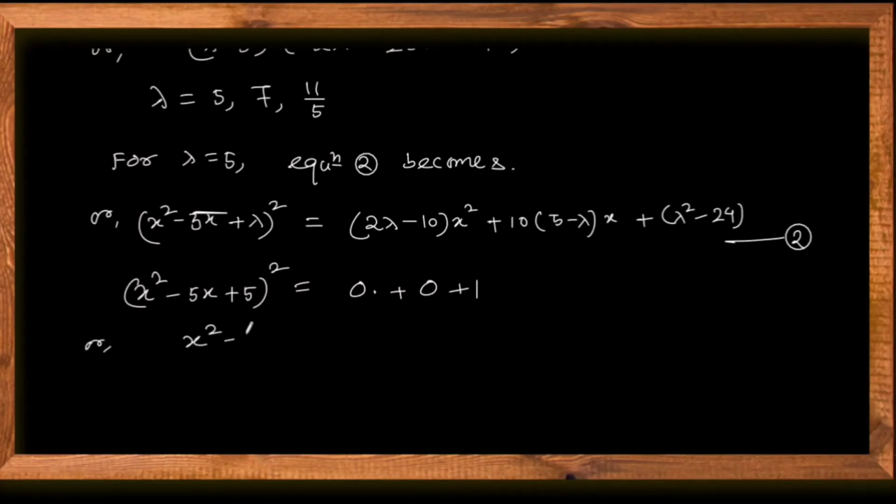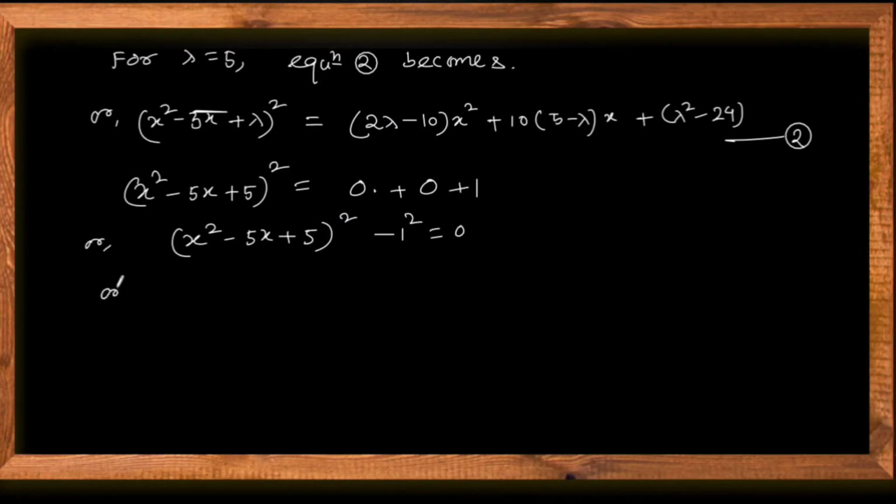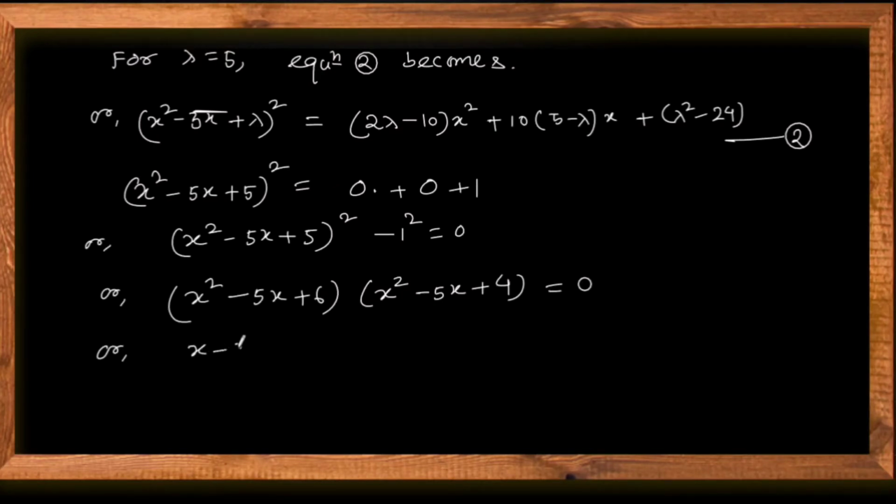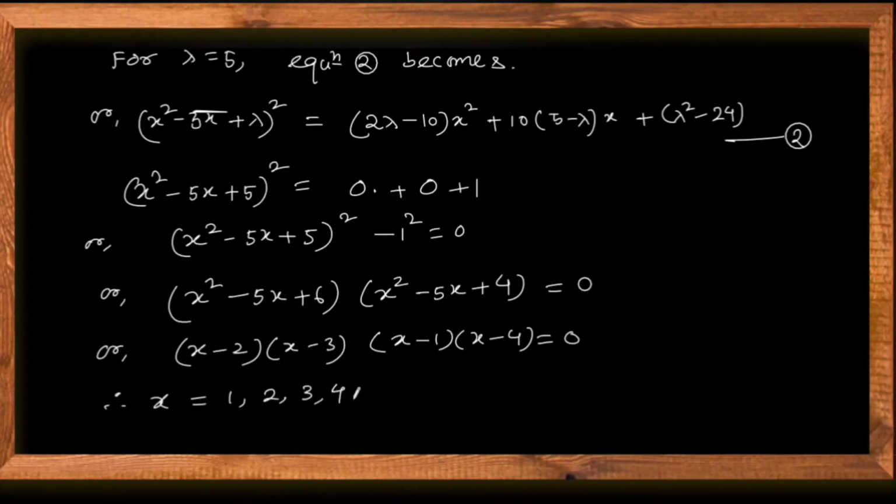Or (x square minus 5x plus 5) whole square minus 1 square equals 0, or (x square minus 5x plus 6)(x square minus 5x plus 4), or we can write this as (x minus 2)(x minus 3)(x minus 1)(x minus 4) equals 0. So therefore x is 1, 2, 3 and 4.